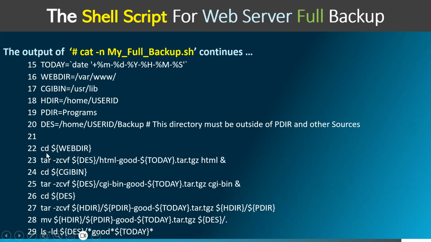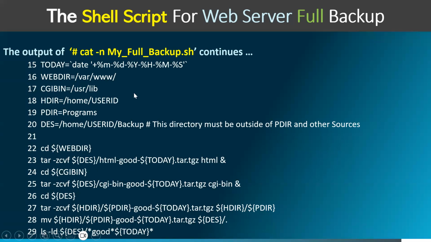So here we are going to do a change directory. If you don't want to do a change directory, you could put the web directory right at the path of the destination before you put the tar.gzip file where you want to put it. You could do that one, and then just make sure that web dir is right in front of HTML.